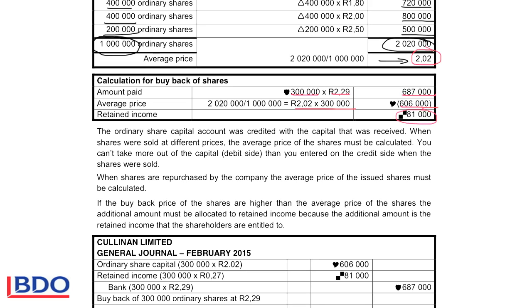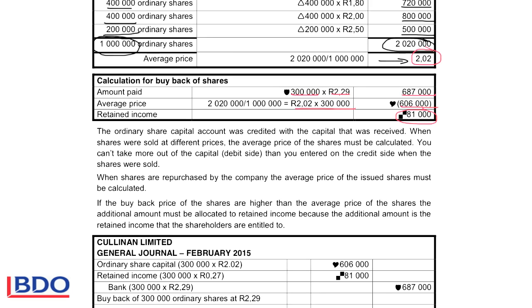So this 81,000 will be taken from the retained earnings, so that we can show that some of the profit that was retained in previous years will be used to pay out to the shareholders. The ordinary share capital account was credited every time when we received money. So if we pay back money, we will debit the capital account.